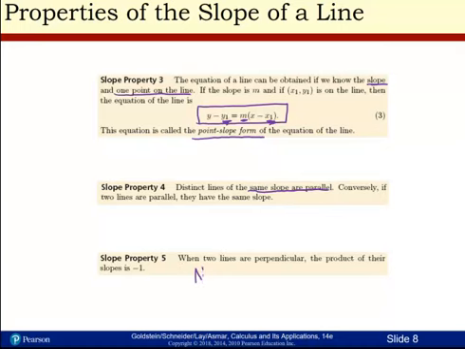So write that down there, negative reciprocals. So that means if the slope of one line is 2, then one perpendicular to it would be -1/2. Those are negative reciprocals of each other.